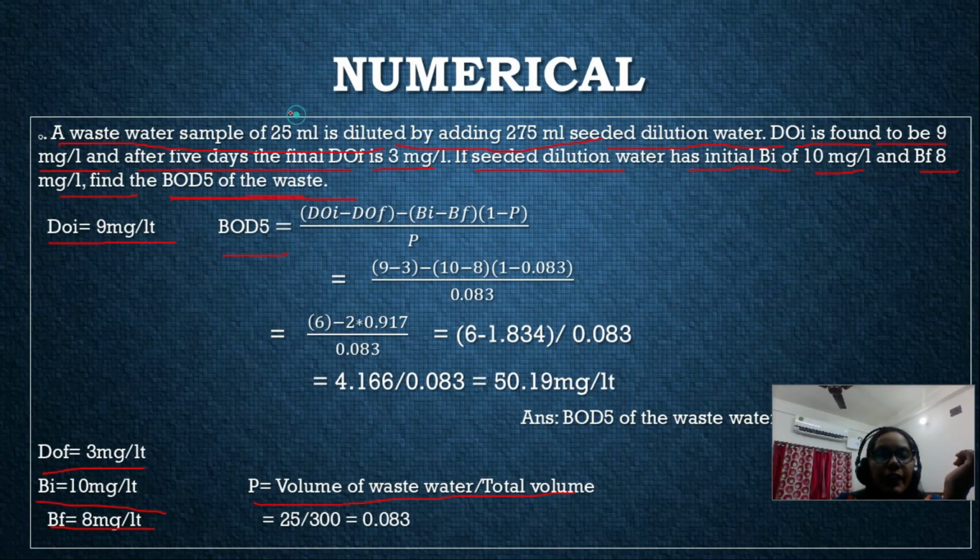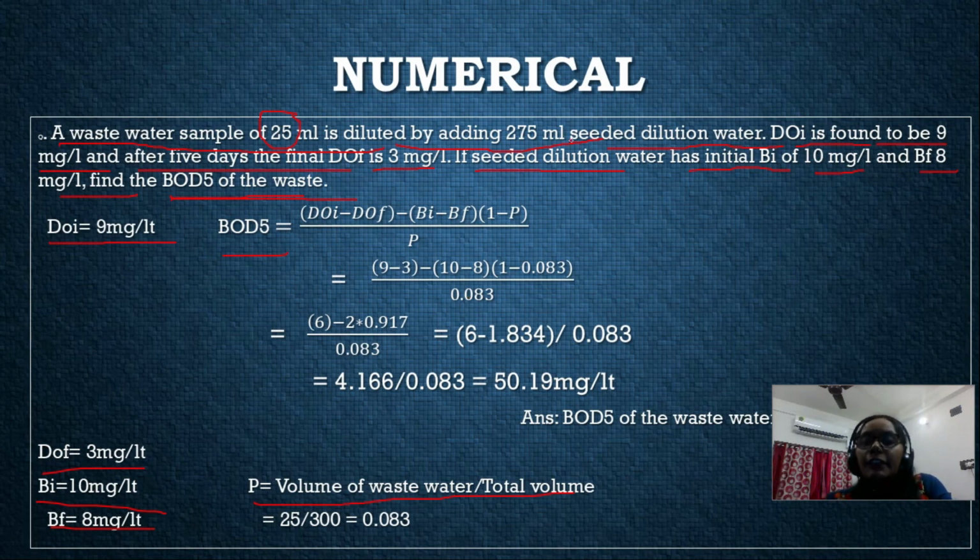Whatever we have taken, that is 25 ml of wastewater, divided by the total volume. Total volume means whatever wastewater we have taken plus whatever water we have mixed into that wastewater sample for dilution.